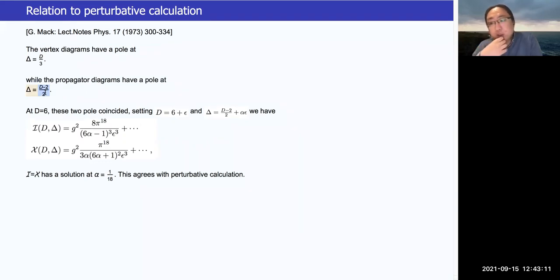So these two poles do not coincide at the physical spacetime dimension, but they coincide at d=6. So in fact, you can do this kind of calculation by setting d=6 plus epsilon, and by setting delta equal to (d-2)/2 plus some alpha. And these two diagrams become something like this. You set them equal to each other, you solve for alpha, and this indeed agrees with perturbative calculations, essentially.